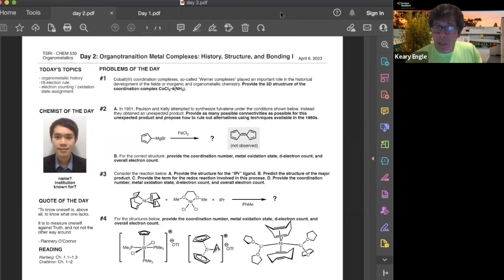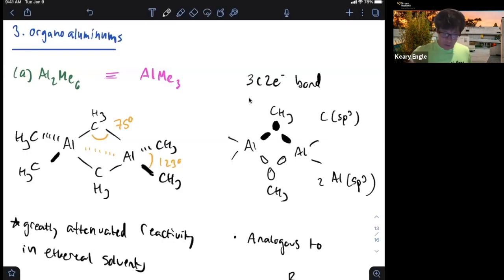So we'll pick up where we left off at the end of day 1, and that was wrapping up our discussion of main group organometallic chemistry, specifically the chemistry of organoaluminum compounds.